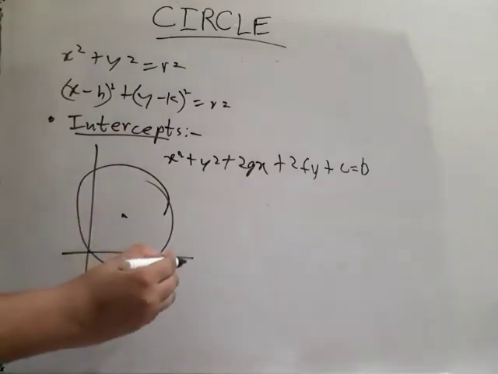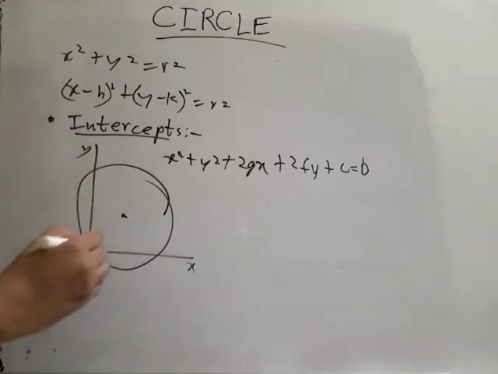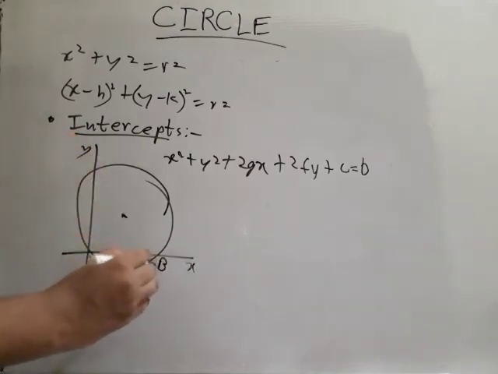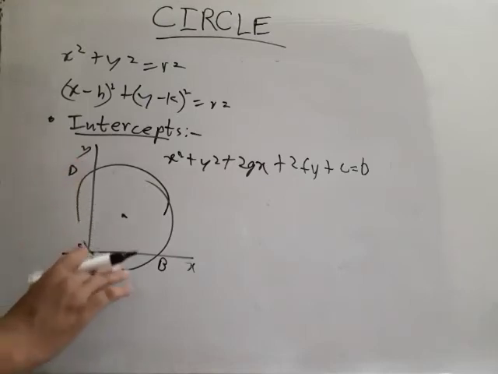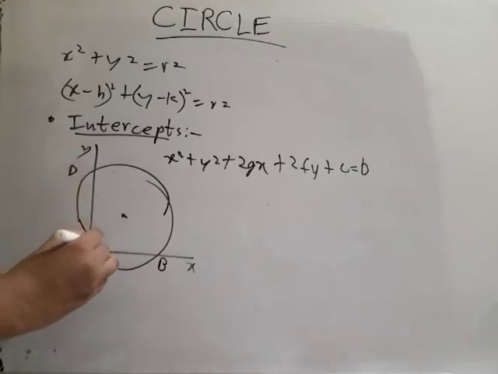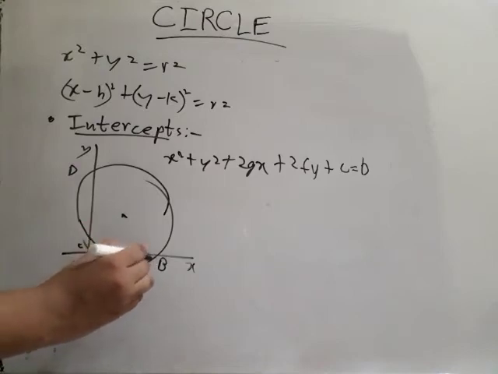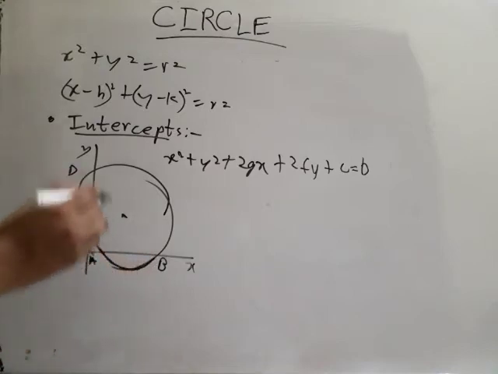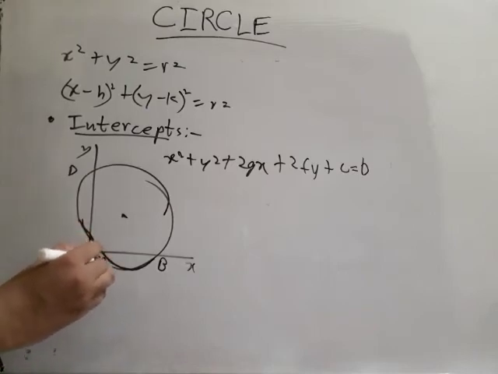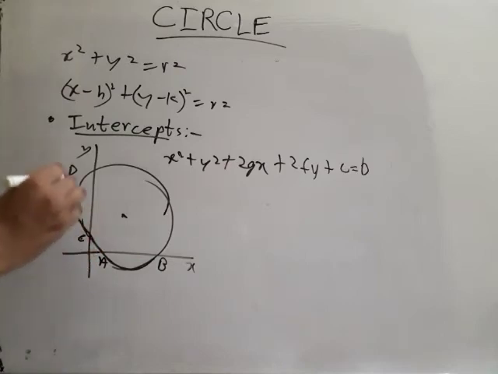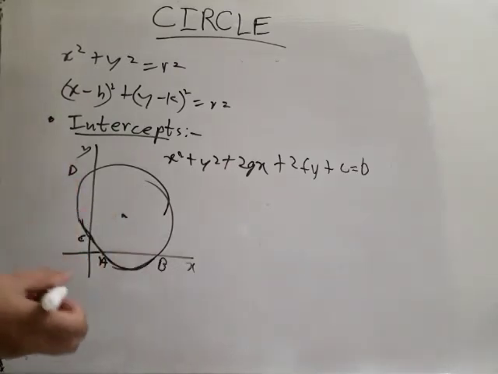Suppose this is the x-axis, this is the y-axis, and this is AB and this is CD. So A is here, C is here. CD is the intercept on the y-axis and AB is the intercept on the x-axis.